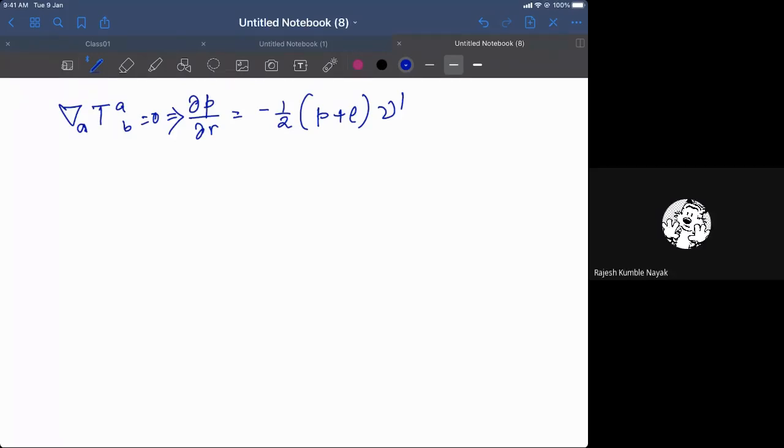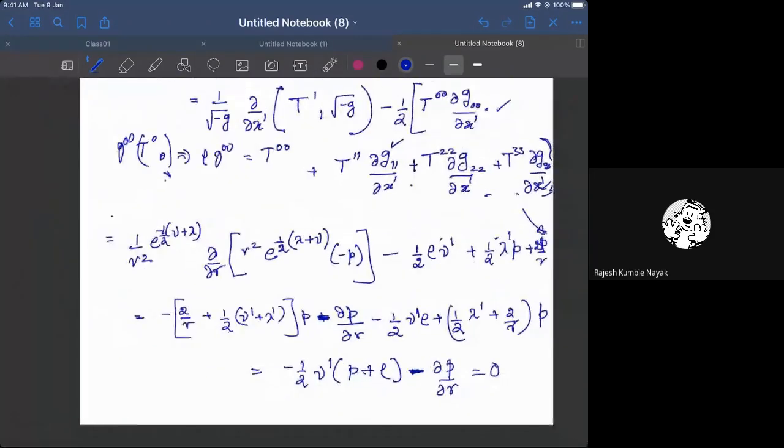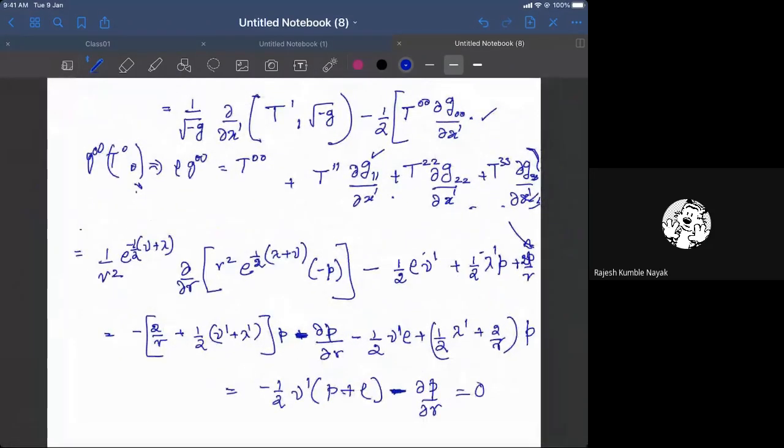Sir, could you go back to the last slide? Yeah. So this is the last slide. Basically, the messy part of divergence of T^AB is equal to 0. This is what it looks like.